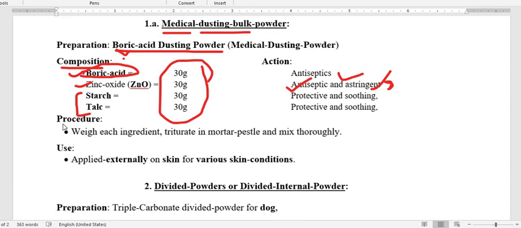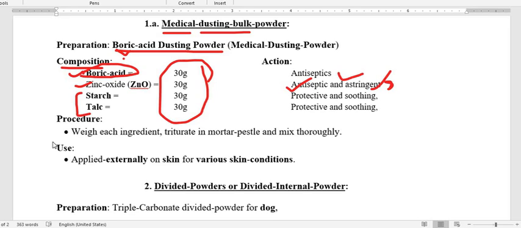So how do we prepare it? The procedure of preparation of the boric acid dusting powder is that you weigh all the ingredients, keep them in the mortar and pestle, triturate individually, then mix and triturate together to make the preparation that we call boric acid dusting powder.